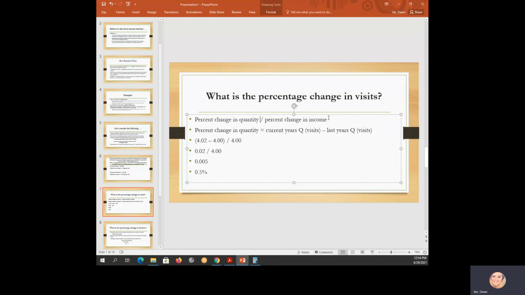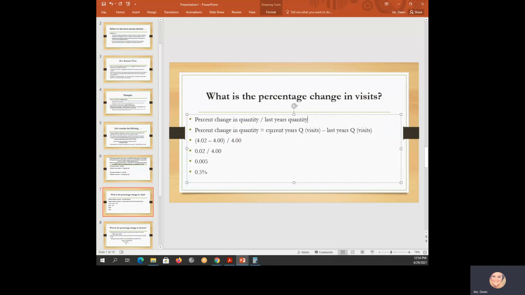So percent change in quantity, and we're going to divide that by last year's quantity. So your percent change in quantity over last year's quantity.